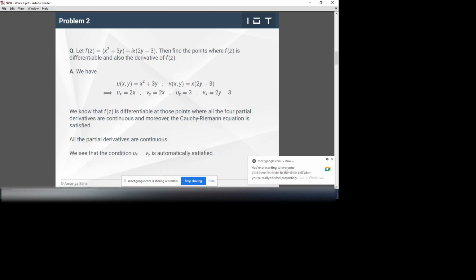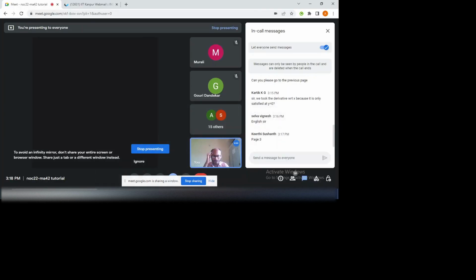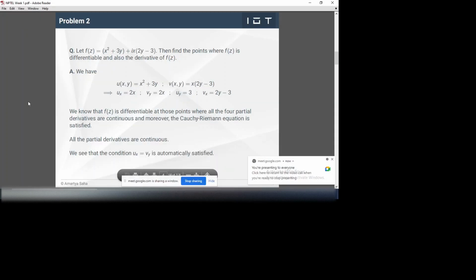Regarding problem 1 or 2? Yes, problem 2. So this is page 3.